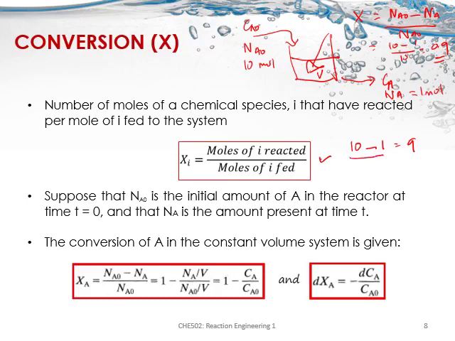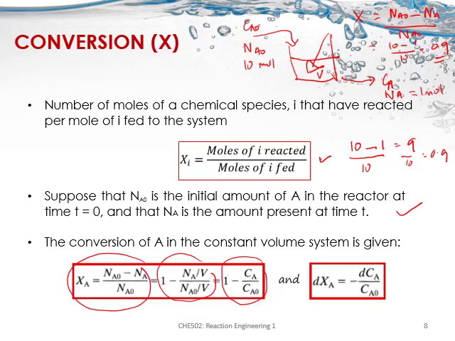So divide by number of mole of I fed, that is 10. So 0.9. So this is the equation, and you may further simplify, NA0 divided by NA0 will become 1. Then you may have it in terms of concentration when you divide it by the volume.